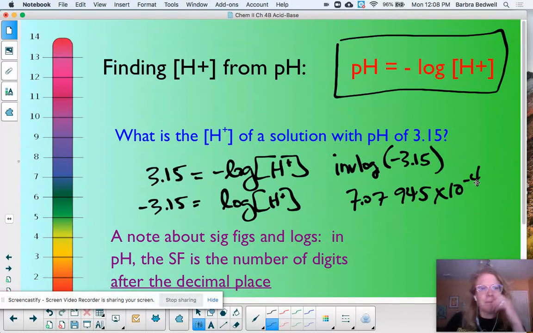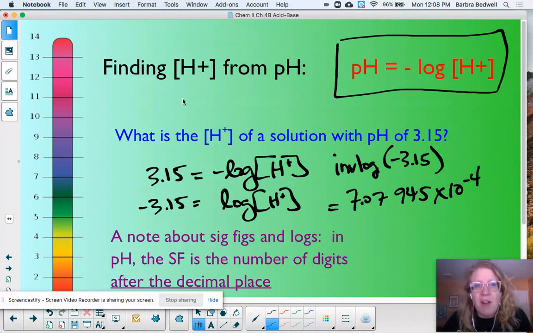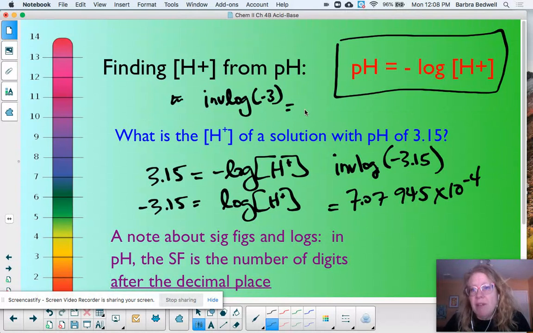Now, wait a minute. How does this make sense? Hold on, this doesn't seem to work. Because you're taking the inverse log, things are a little bit strange. If I did the inverse log of negative 3, not 3.15, but 3, I would get a value of 1 times 10 to the minus 3.